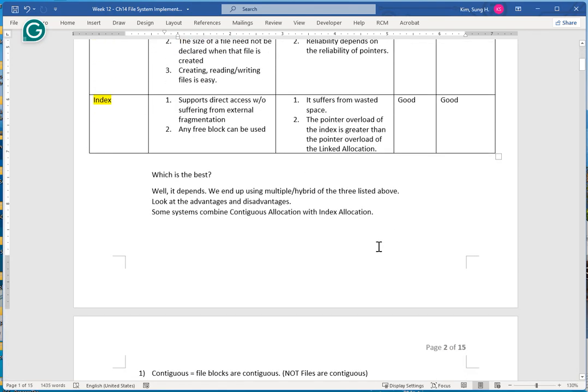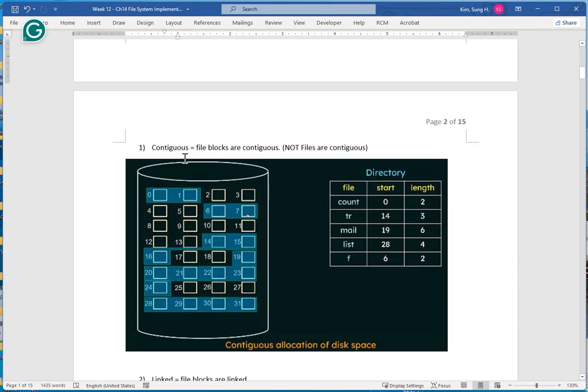Okay. So the first one is called contiguous or continuous. In other words, files are stored in blocks, and for a given file, they are stored in continuous blocks. So if you look at the file directory here, this directory has the file name, where it starts, the starting block number, and how long it is.